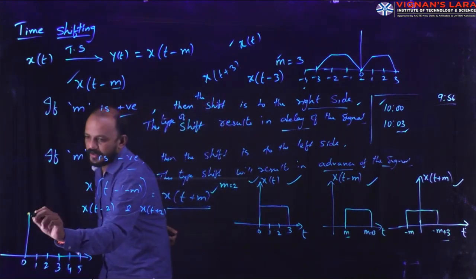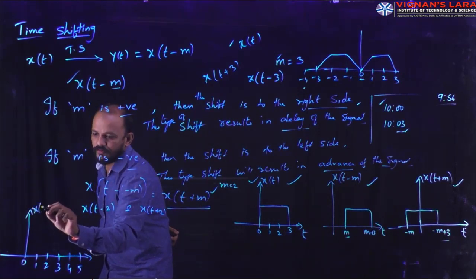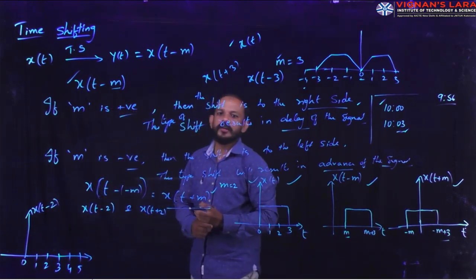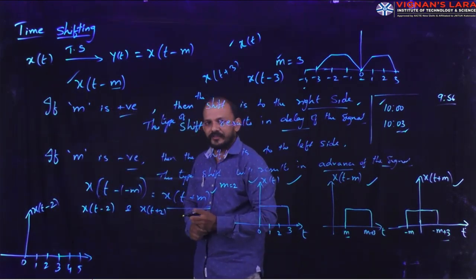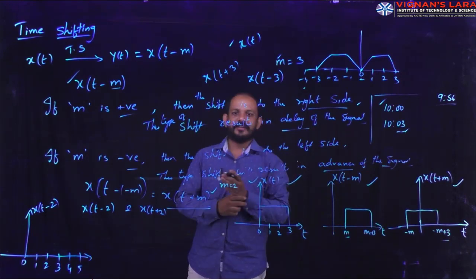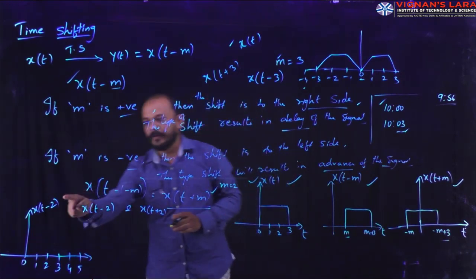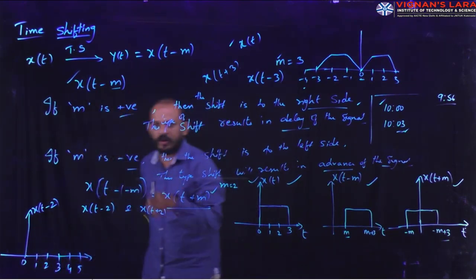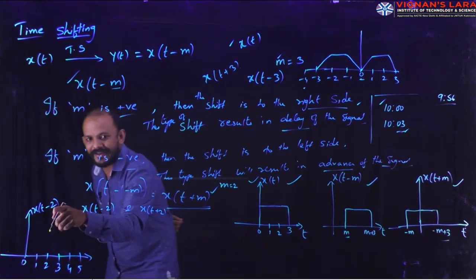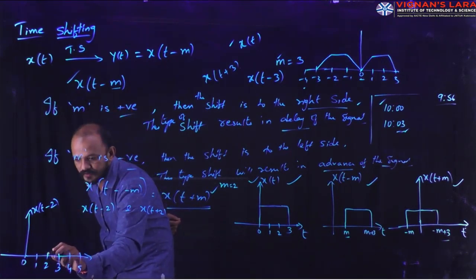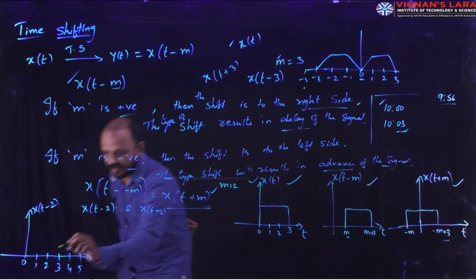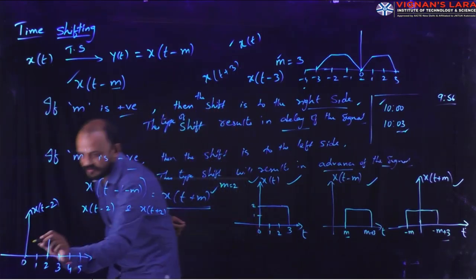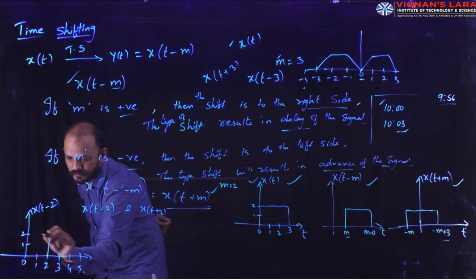Now I am performing x of t minus 2. That means the shift is towards the right side. There is a delay of the signal, delayed by 2 seconds. So actually the signal has to start at 0, but now it will not start at 0. It will start at this point, 2. How is the signal shape? This one. What is the amplitude? Take 1, 2. Take the amplitude as 2.